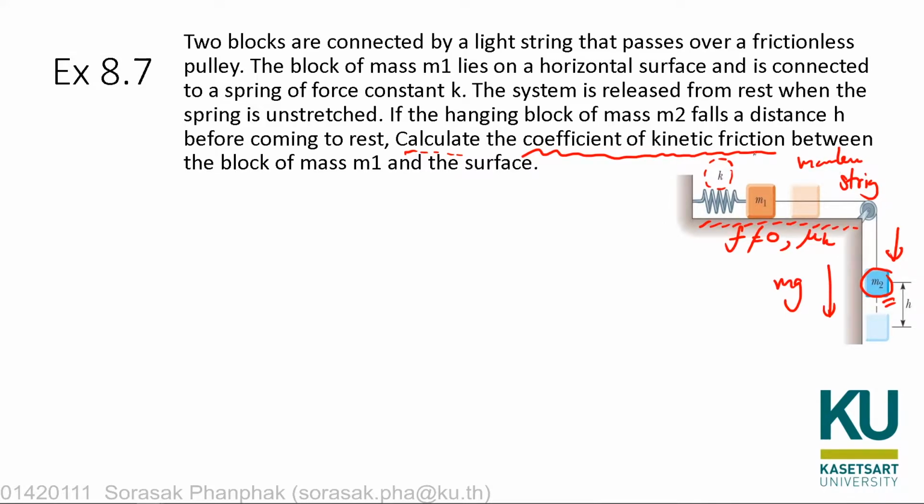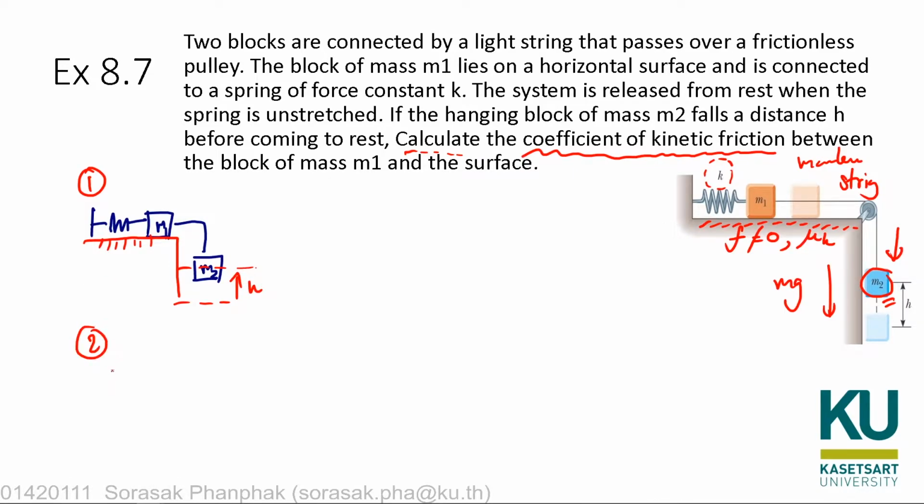When you look at the whole system, you see the spring bound to this object, and this object is pulled by the mass m2; this is m1, on the ground like this. We write this, and the friction is over here. The initial state is all at rest and has a height h.